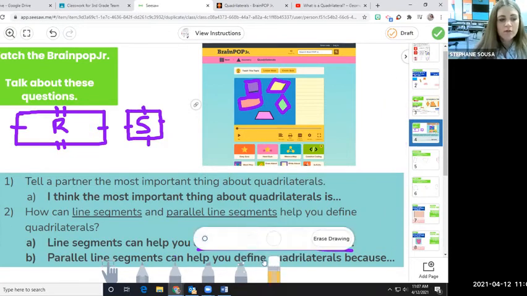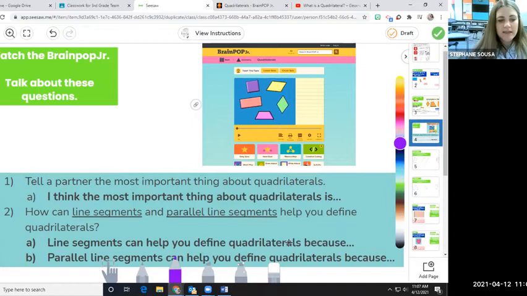Okay, wonderful. And we've talked about line segments defining quadrilaterals. What about parallel? Lines or segments that never, ever, ever touch or cross. How can parallel help us define those segments? William, how can the word parallel help us define quadrilaterals?